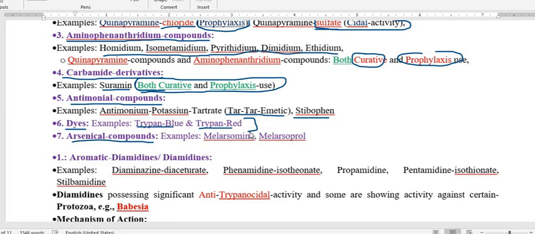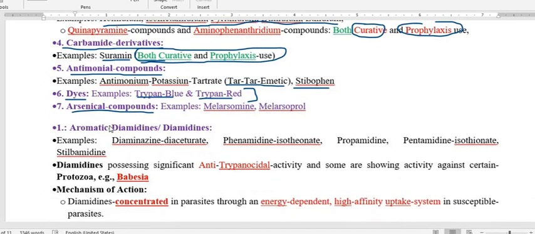But the problem with these drugs is their lower margin of safety, and they also stain the milk.